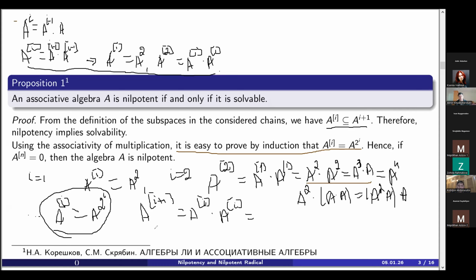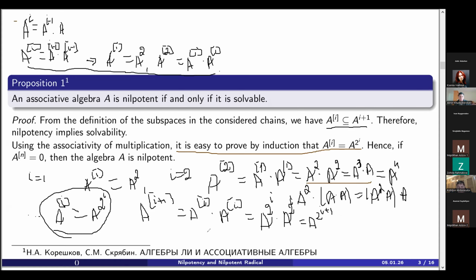Suppose a^[i] multiplied by a^[i]... by definition, a to the power 2^(i+1). I didn't understand, many times of what? The induction hypothesis. Again, you will use associativity. Okay?